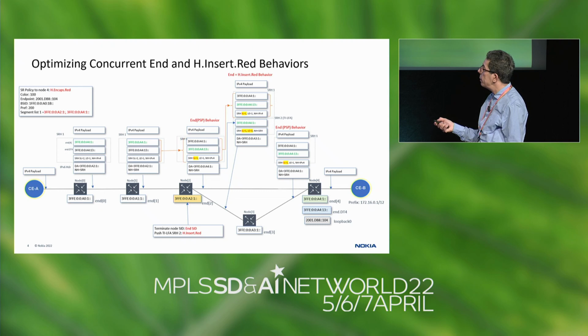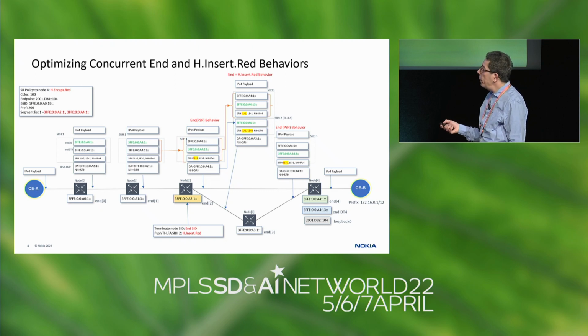The first one is a node SID of node 2, and then the second one is the destination node SID, which is node 4 here. And then there's a service SID, which is an IPv4 IPVPN SID or End.DT4 behavior that's also configured here on the destination PE.